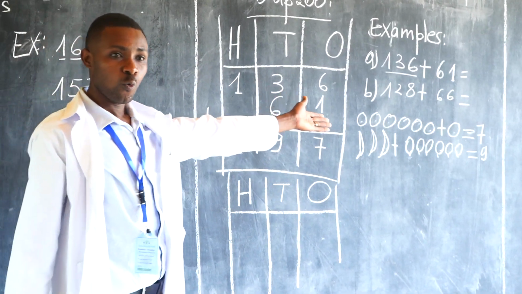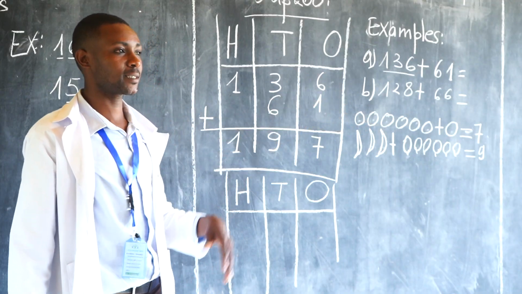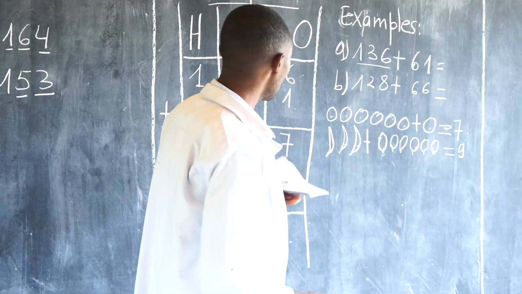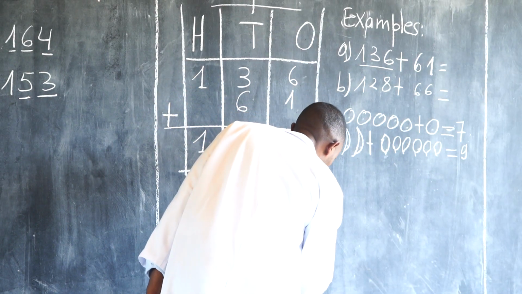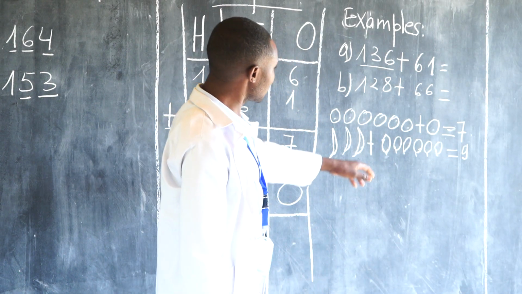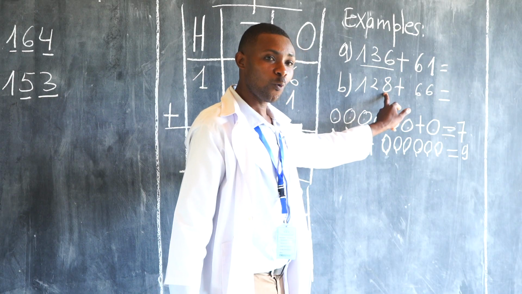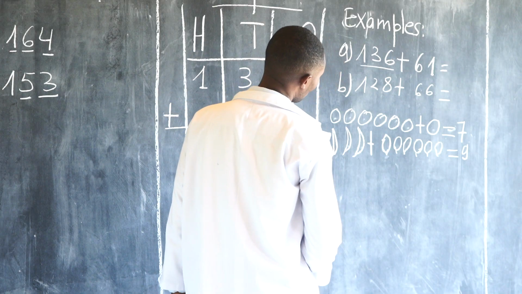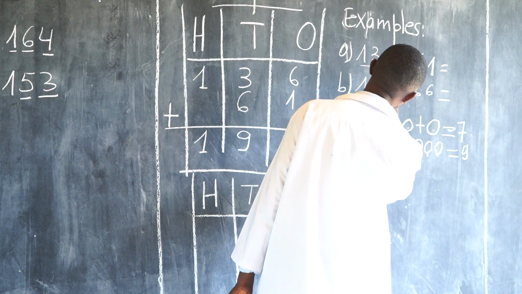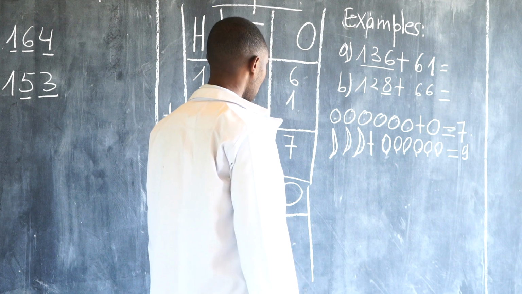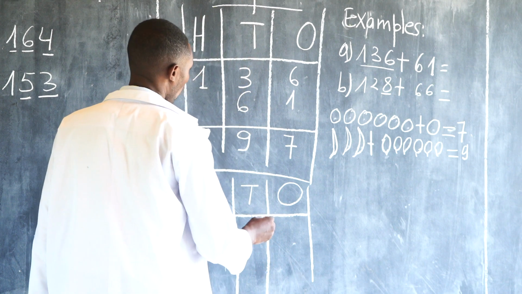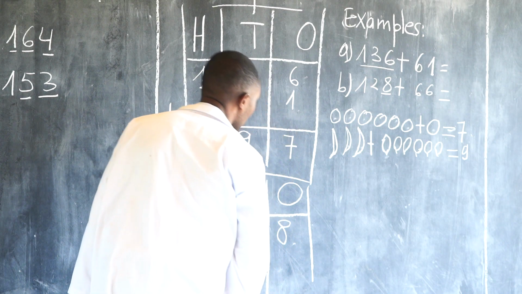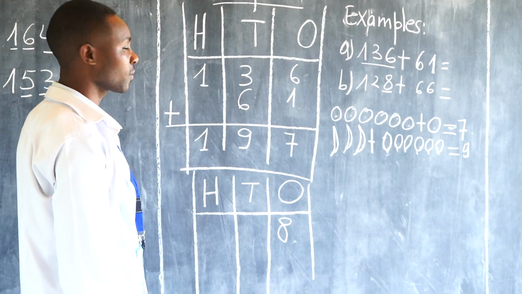Now we have 128. Let us see how we put our number in a place value table. We've already seen that we have to start with the ones. Let us see the number which represent ones. Here we have 8 which represent ones. Now we are going to put here 8 because 8 represents ones.